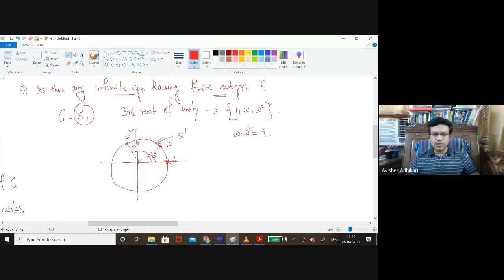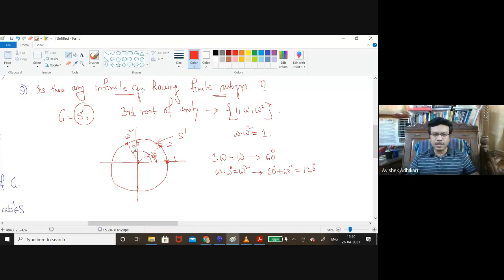First see that once you multiply 1 into omega, it gives you omega. That means a 60-degree rotation anti-clockwise. Again, when you have omega into omega, it gives you omega square. Again a 60 degree, that means 60 plus 60 degrees, that becomes 120 degrees.